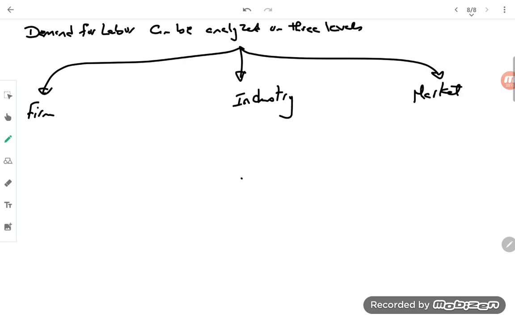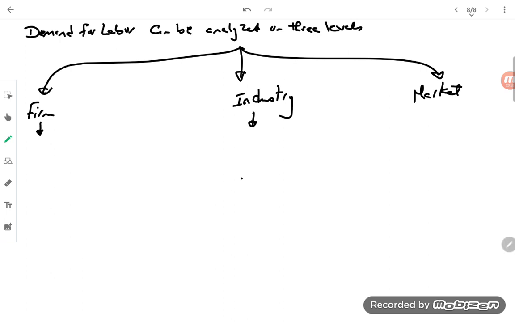At the firm level, to analyze the demand for labor by a particular firm, we see how an increase in the wage rates affects the level of employment of a specific type of workers. Say, for example, an aircraft manufacturer, so the machinists. So at the firm level, we are going to analyze a specific job and the impact of a change in the wage rate on this job.